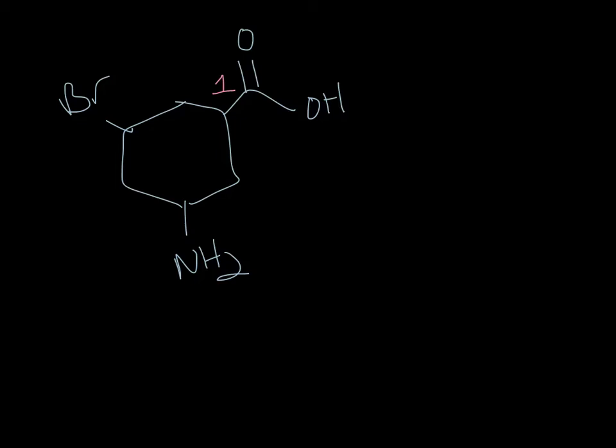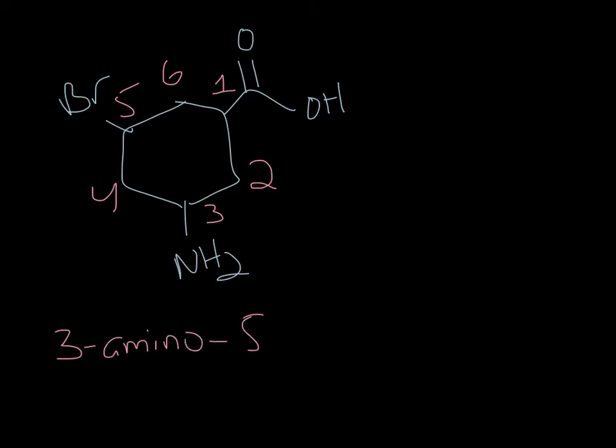In either case, I'm going to have a 3,5 substituent. And so what I will do is I will number so that the alphabetical order is such that they get the lowest number possible. So I'm between bromo and amino, which starts with A, so it would be 1, 2, 3, 4, 5, and 6.